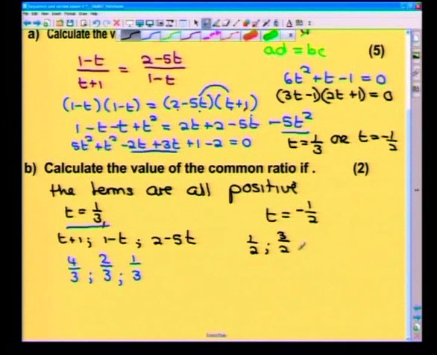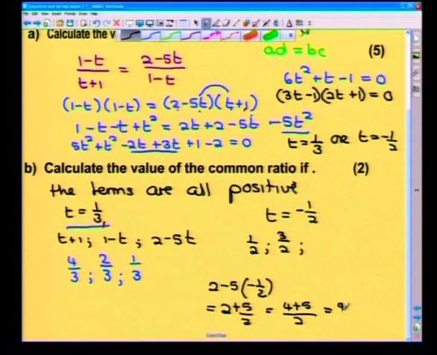So look at that. In actual fact, both of them are working out to be the same. So I couldn't have taken a good guess on this. And then this one is 2 minus 5 times minus a half, which is 2 plus 5 over 2, which is equal to, if we put it over 2, 4 plus 5, which is 9 over 2.